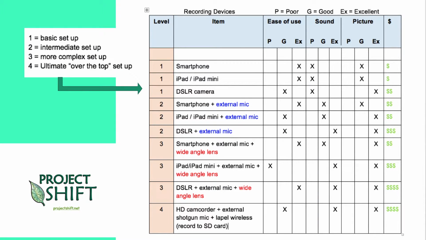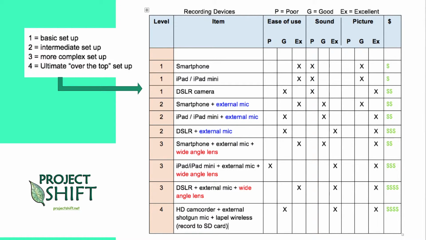This is where so much time can be spent, but what we've done is put together a chart, and we've taken some of the most popular devices, those most commonly owned or likely to be owned by educators, and put them on a chart and cross-matched them from simple to over-the-top crazy in terms of connecting devices in order to increase either the picture or the sound quality.